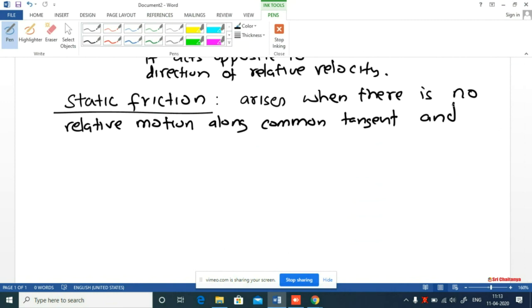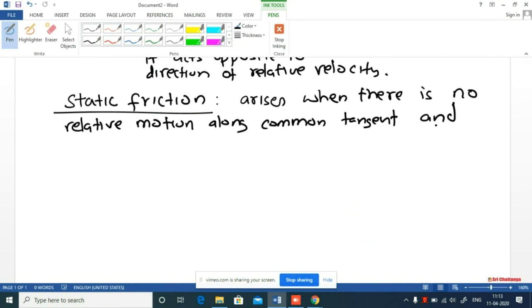If v relative along the common tangent is non-zero, the friction is kinetic. If v relative along the common tangent is zero, only then is it possible. I'm not saying that static friction will arise; there are more conditions to come. We say that only now it is possible that static friction may be present. If relative velocity is non-zero, the friction cannot be static. It has to be kinetic. I will repeat this because it's a very important point.